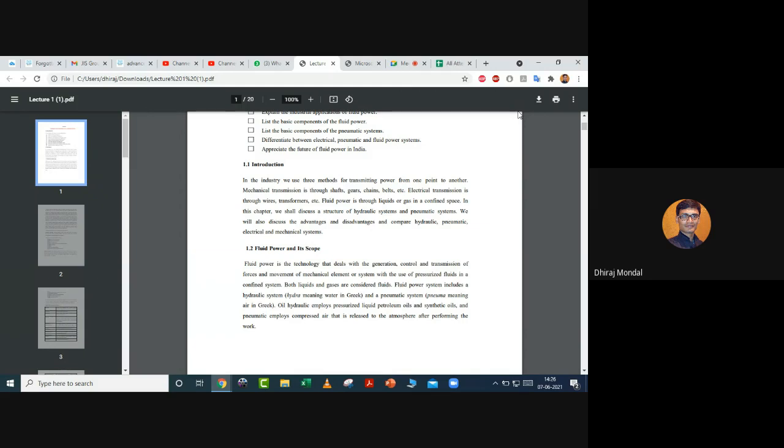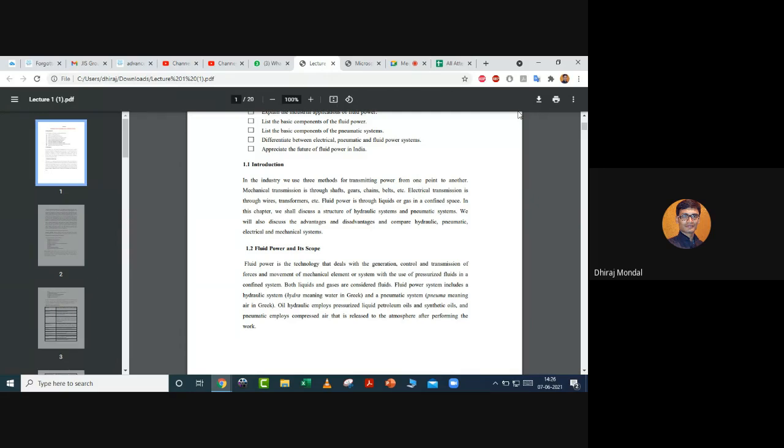Whenever some work is done on a particular body through a confined space, if I'm compressing a particular fluid through a cylinder, let us consider a confined space like a cylinder, and by the help of the piston I'm compressing that fluid.